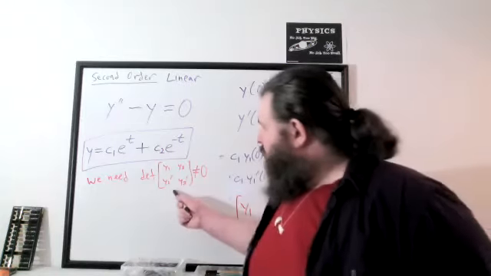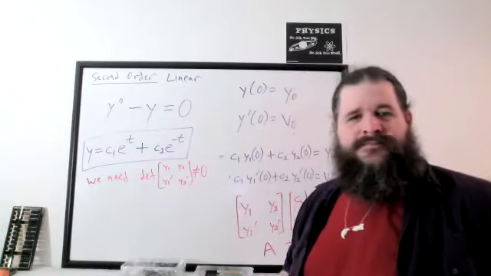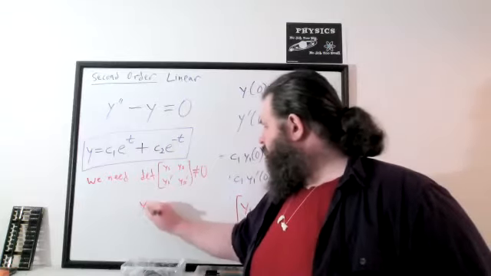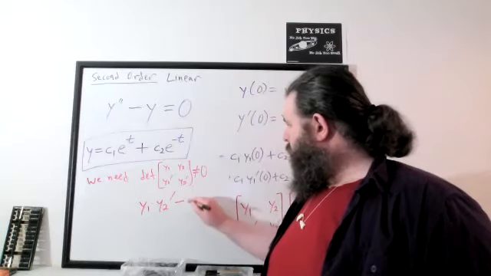So let's try writing out that determinant. What is the determinant of this matrix? It would be y1 times y2 prime minus y2 times y1 prime? Exactly.